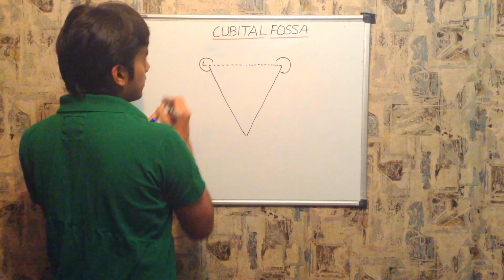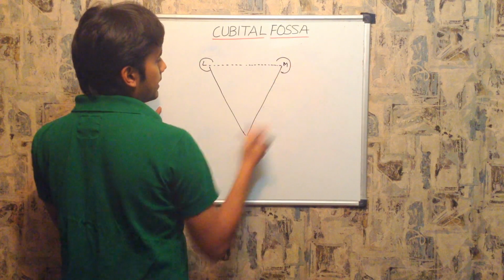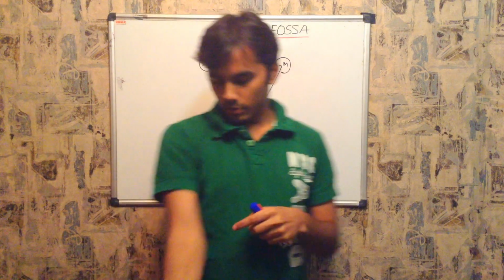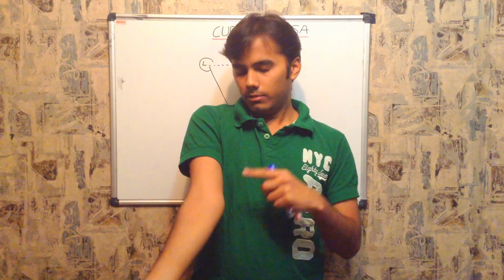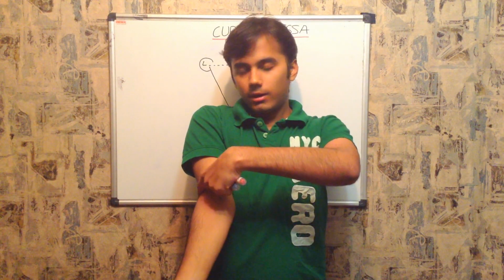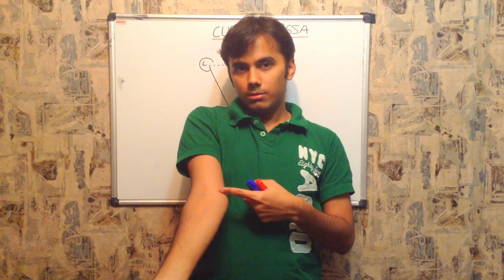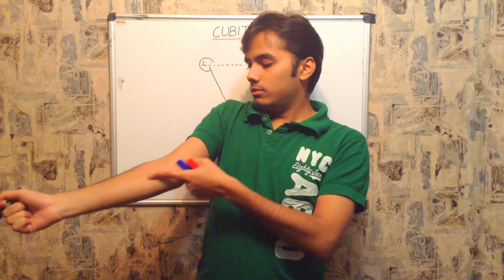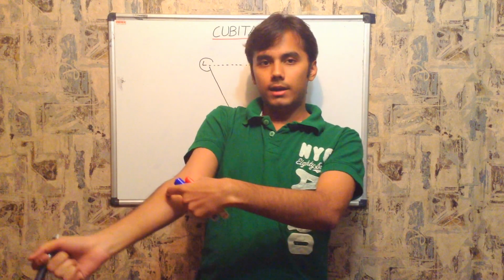So this is the lateral epicondyle, this is the medial epicondyle, this border is the lateral border and this is the medial border.